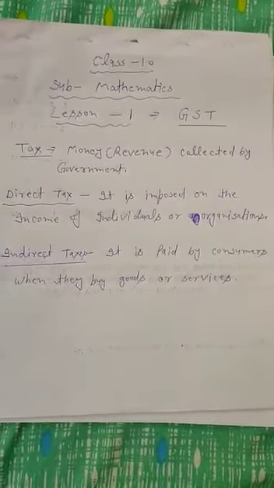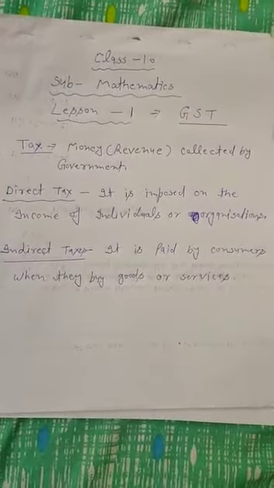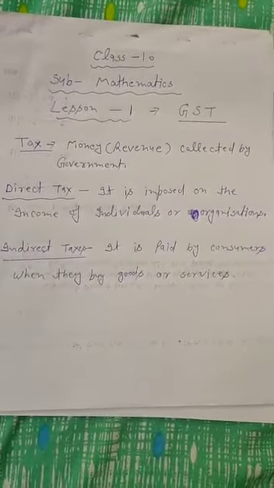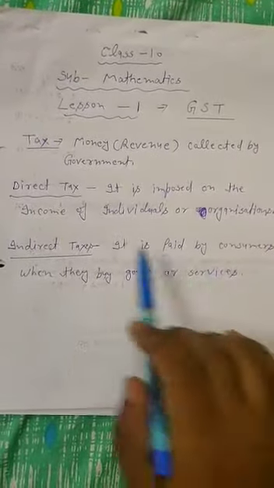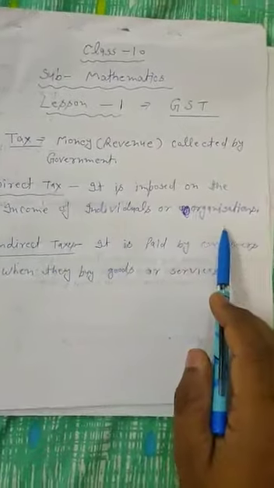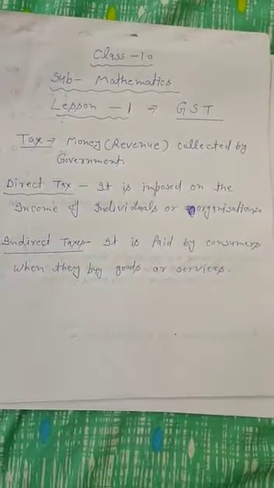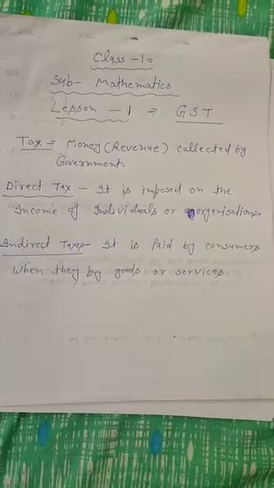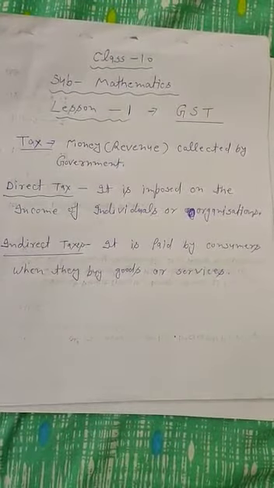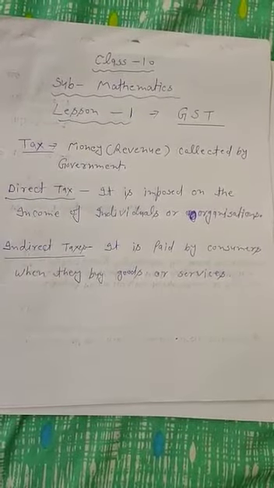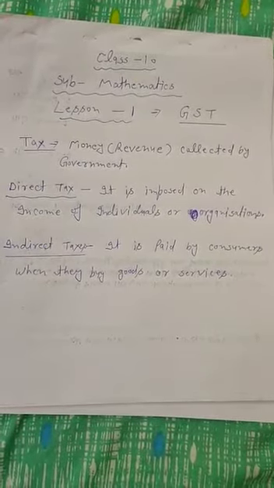tax. Now taxes are of two types, direct tax and indirect tax. What is direct tax? It is imposed on the income of an individual or organization. Means direct tax applies directly on an individual or any organization or any company. And indirect tax, what is indirect tax?